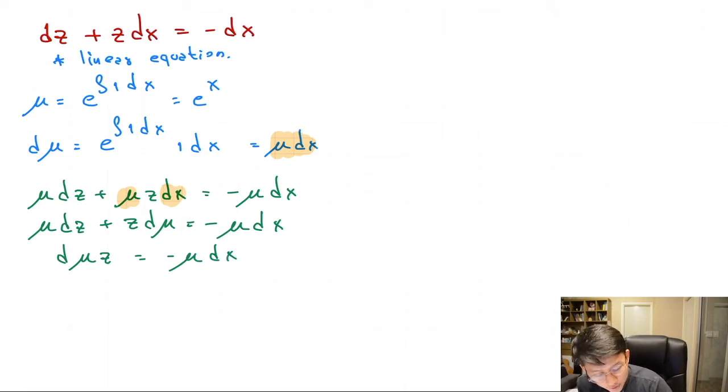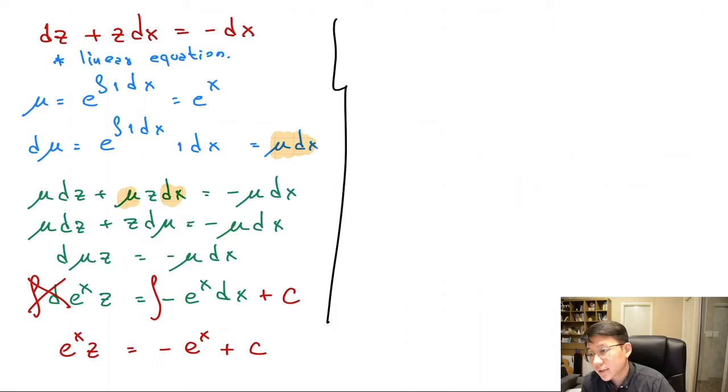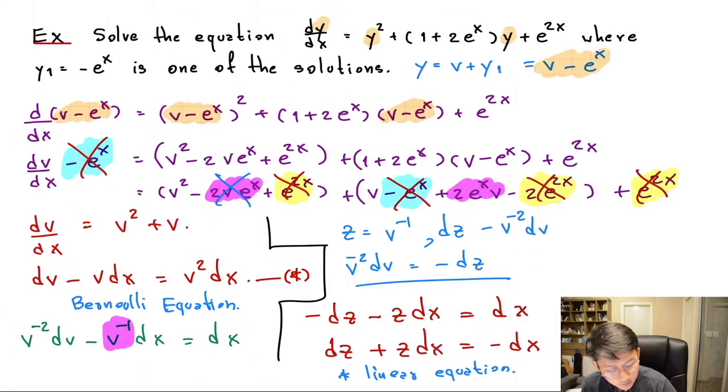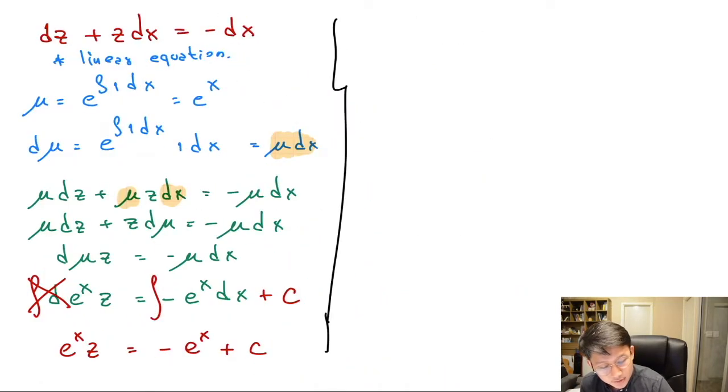So we have d(e to the x z) equals minus e to the x dx, and then we integrate, right? This got cancelled out. So we have e to the x z equals minus e to the x plus c, because the integral of e to the x is e to the x. Okay, but z is v to the power of minus 1, which is 1 over v.